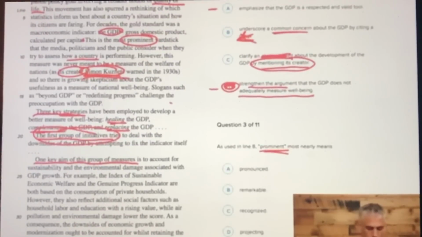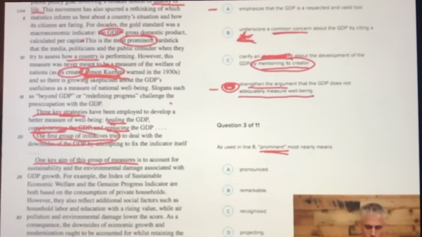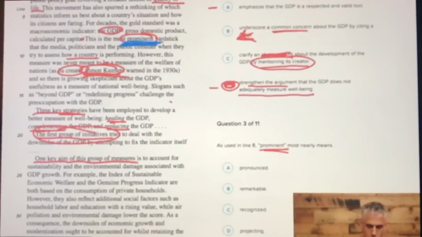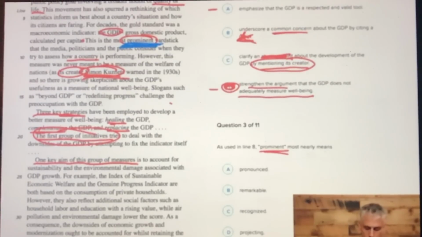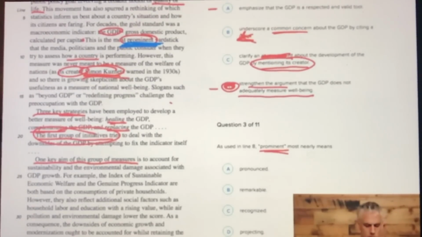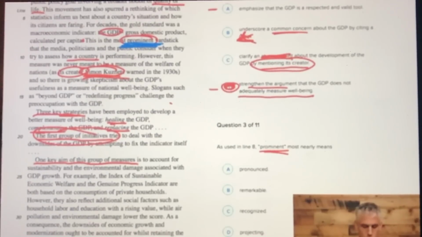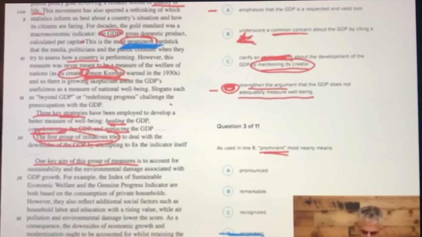Okay, so let's move on. Prominent most nearly means. Most prominent yardstick. I'm going to use the technique I talked about, the most prominent yardstick. That the media, I'm going to cover up the choices. Okay, that's the most useful, most pronounced yardstick, remarkable, recognized, or projecting. It's not a projecting yardstick.